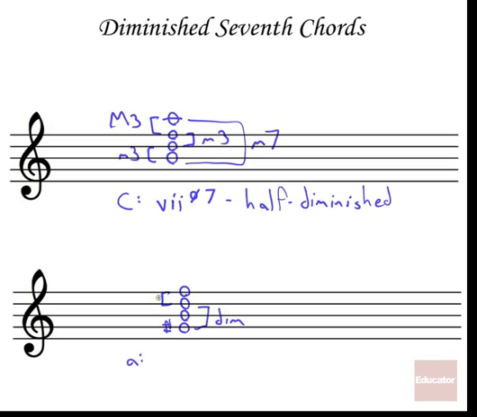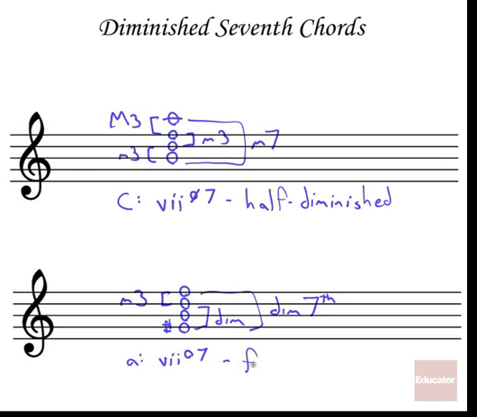But the difference comes in the top note, which is a minor third above the 5th of the chord. Or if we look at the 7th, we find that it's a half step smaller than a minor 7th, which of course means that it's a diminished 7th. And so this was again notated this way.